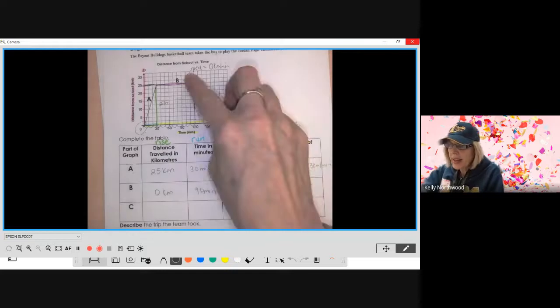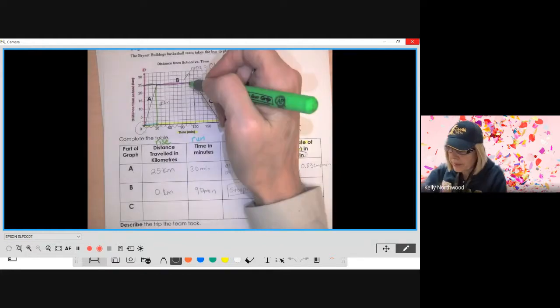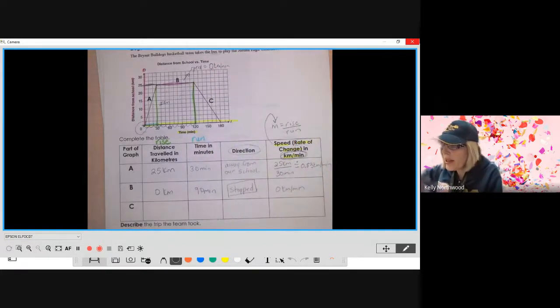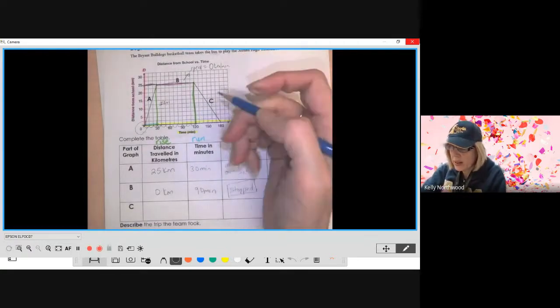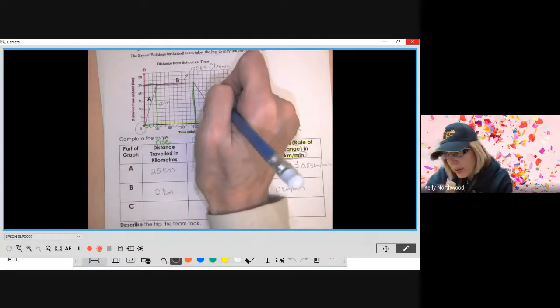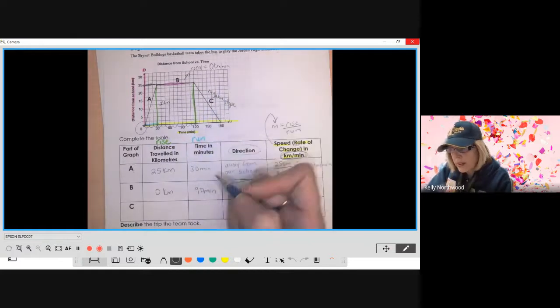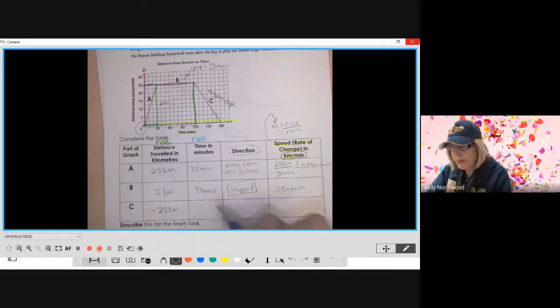All right, and then for the last part, part C, we want to know our rise. This time we start at 25 kilometers and by the end we're at 0. So this is a negative slope. We could say that our rise is negative 25 kilometers.